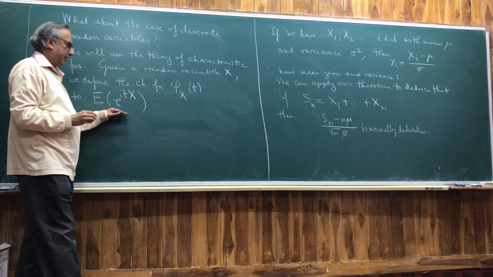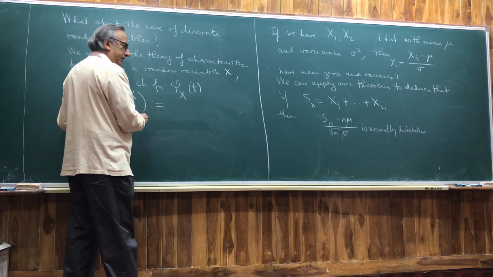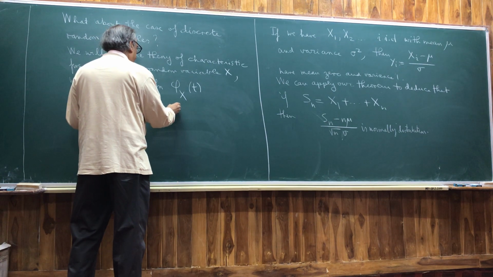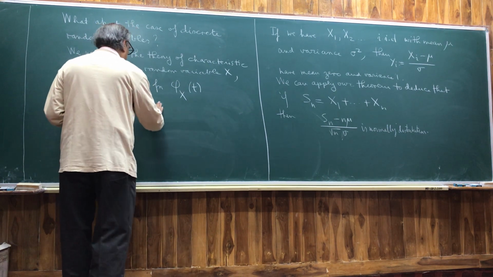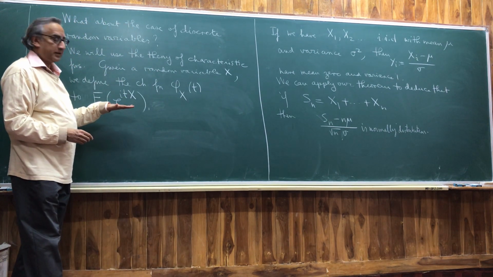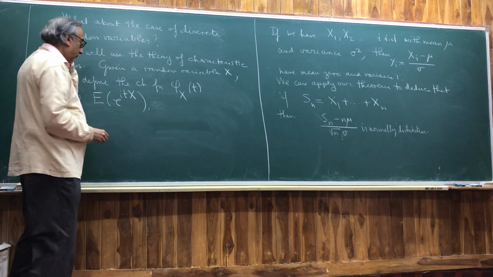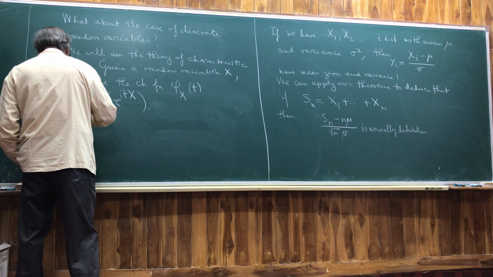Now what is that? What's the definition of this thing? Let's just leave it like this for the time being. It's just this function. So what is this in the continuous case?